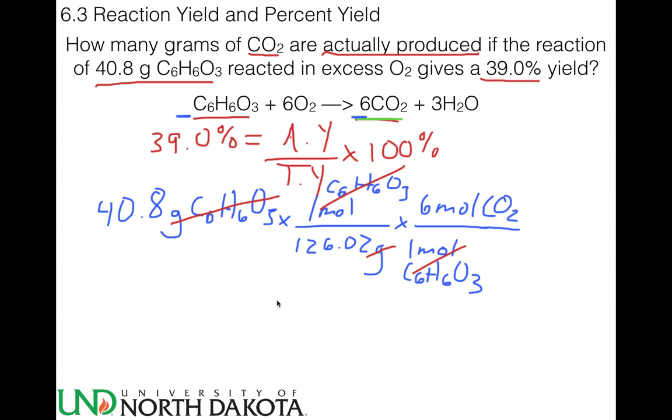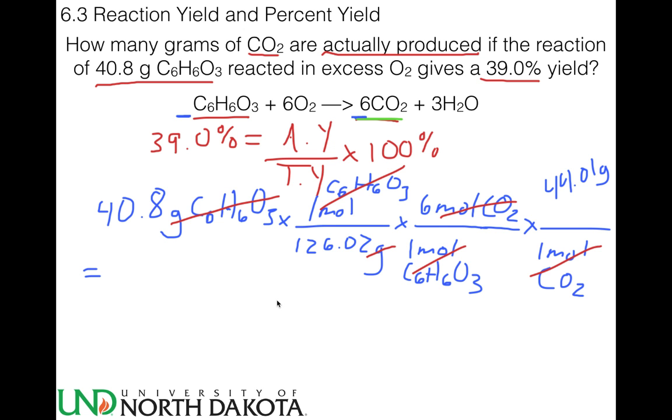And finally, convert from moles of carbon dioxide to grams of carbon dioxide using the molar mass. In 1 mole of carbon dioxide, there are 44.01 grams. Now moles of carbon dioxide are gone, and our units are grams of carbon dioxide.